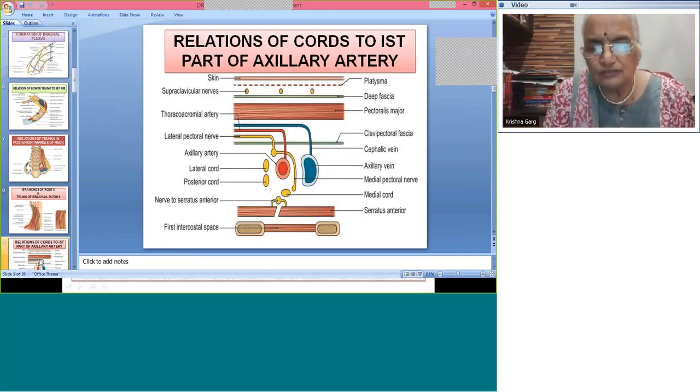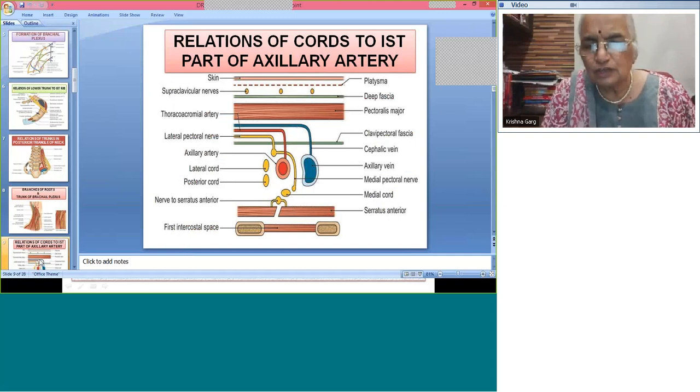The relations of the cords of the brachial plexus to the axillary artery, one can see in this diagram that vein is medial and artery is lateral. This is showing the first part of the axillary artery, which is lying medial to the pectoralis minor muscle. The lateral cord and posterior cord lie lateral to it, lateral to the axillary artery, whereas the medial cord is lying posterior to the axillary artery.